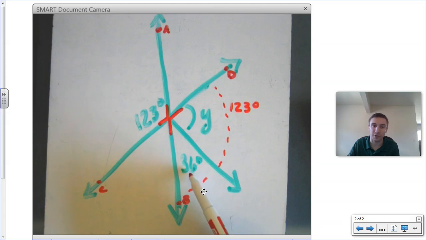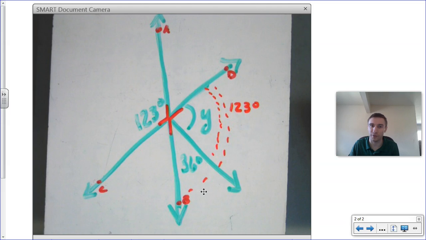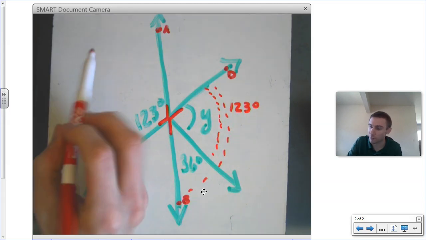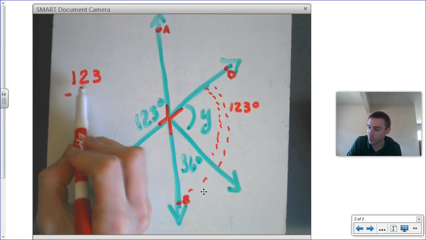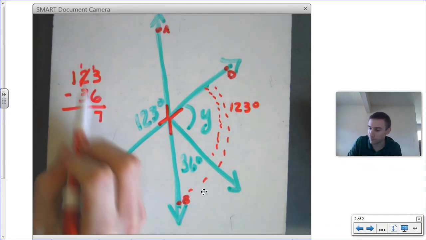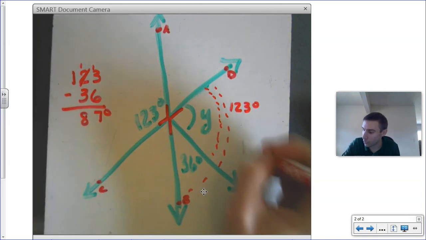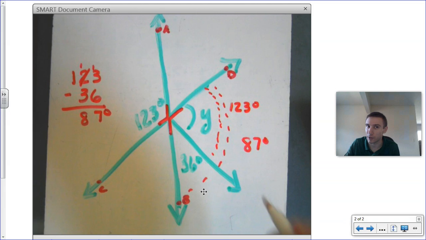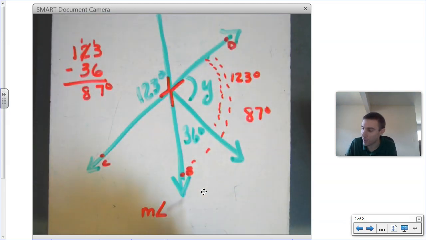Well, if part of that distance is 36 degrees, I just need to figure out what this distance is. So I can figure out 123 minus 36, and come up with 87 degrees. So this is 87 degrees over here, and if I want to be super mathematical, I can say the measure of angle Y equals 87 degrees.